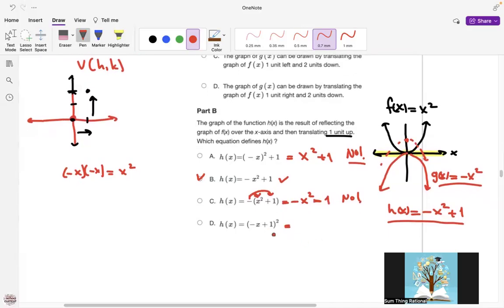Actually, this is a horizontal shift, not a vertical shift. Even if you expand it, (negative x plus 1) whole squared becomes x squared minus 2x plus 1, which is far away from negative x squared plus 1, so that is also no. In this question, option B is the correct option.